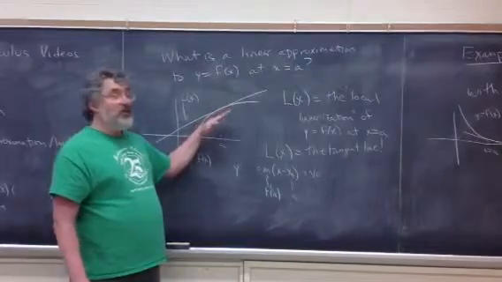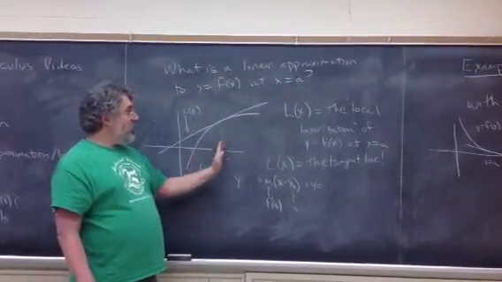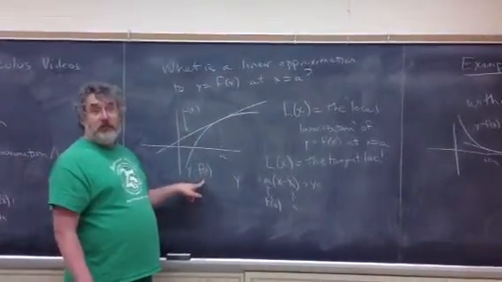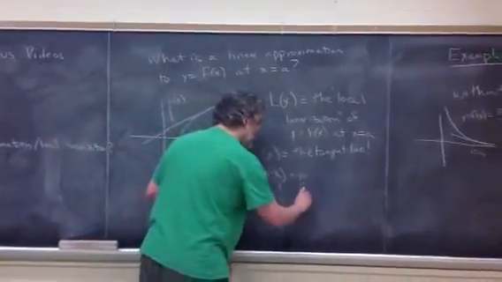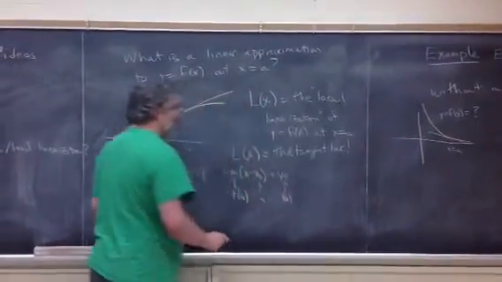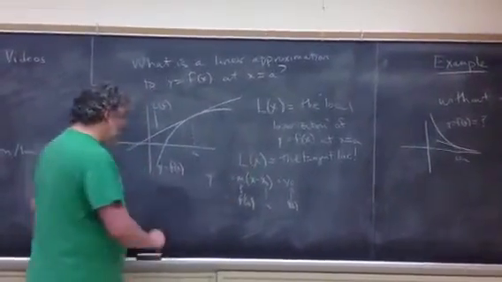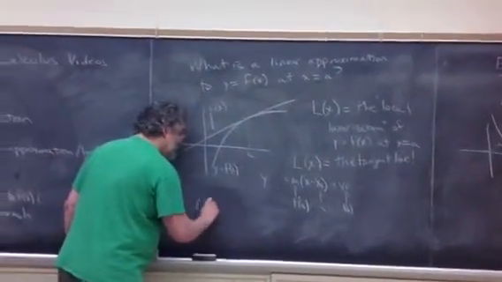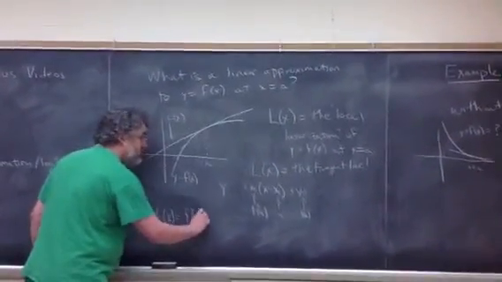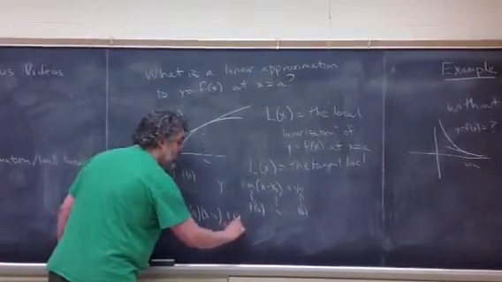Y naught is the y value there, which, well, if this is the function f of x, when x is a, y is f of a. It produces the formula we want, which is L of x is f prime of a times the quantity x minus a plus f of a.